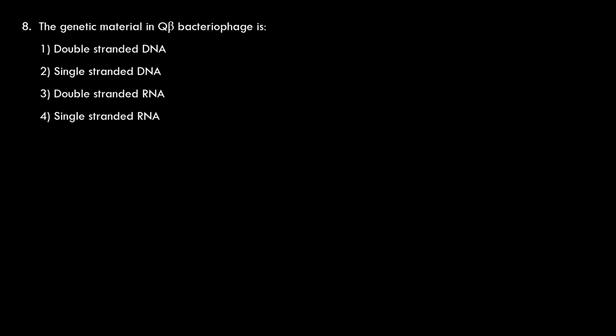This is very clear. Coming to the next question. The genetic material in Qβ bacteriophage is not QB, it should be Q beta bacteriophage. In the book it was printed as B, actually it is beta. Some bacteriophages have RNA genetic material.